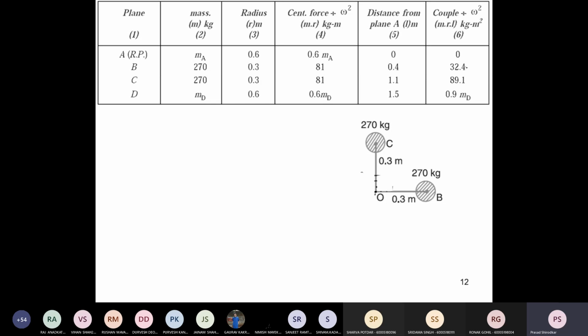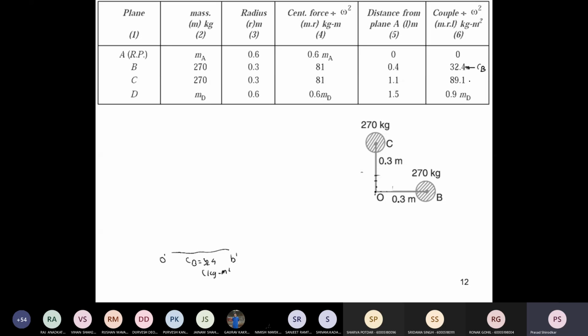This is CB, and it is directed radially outwards towards the direction of OB. So this will be O dash B dash, that is CB, equal to 32.4 kg meter square.